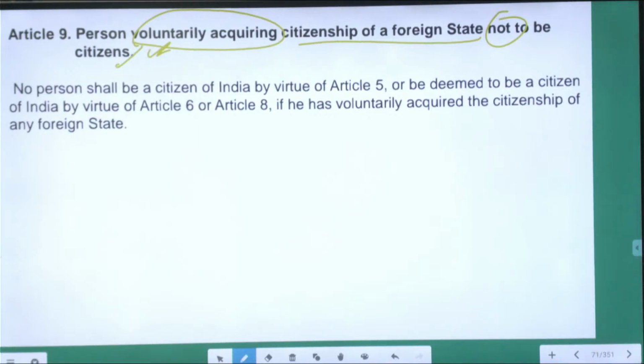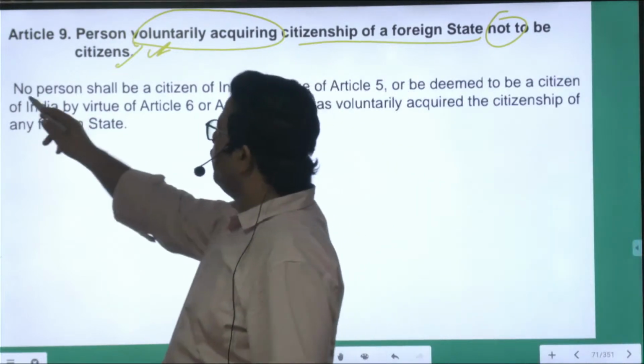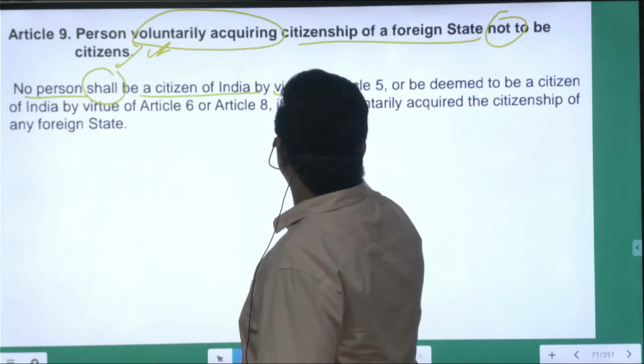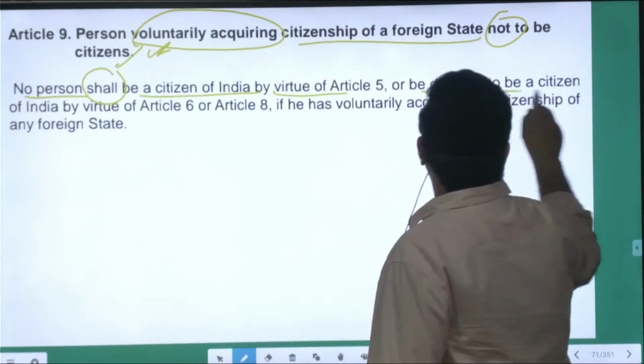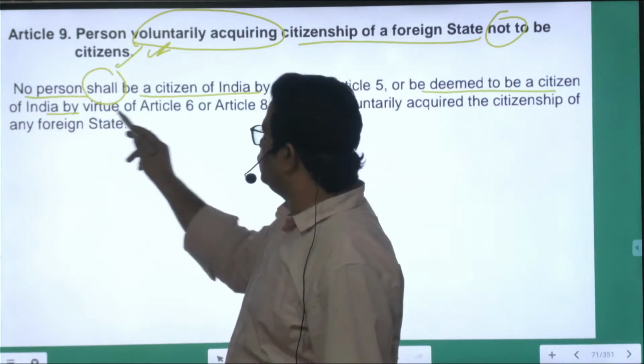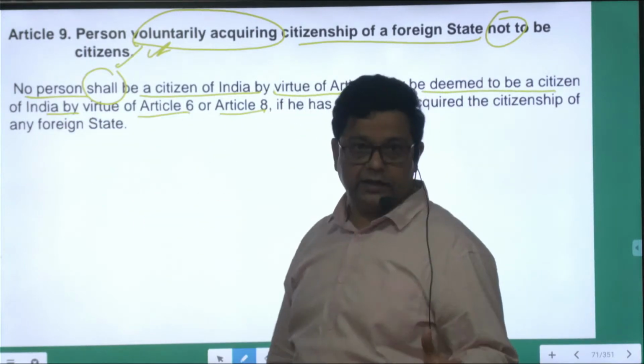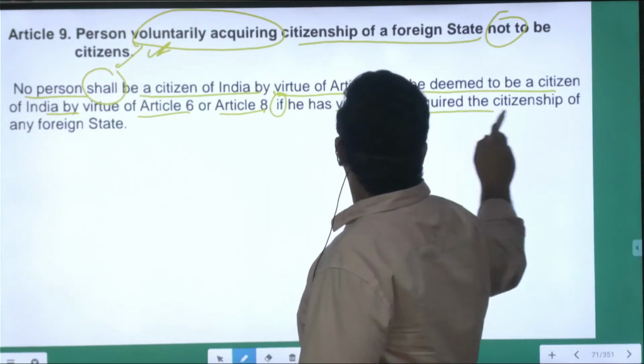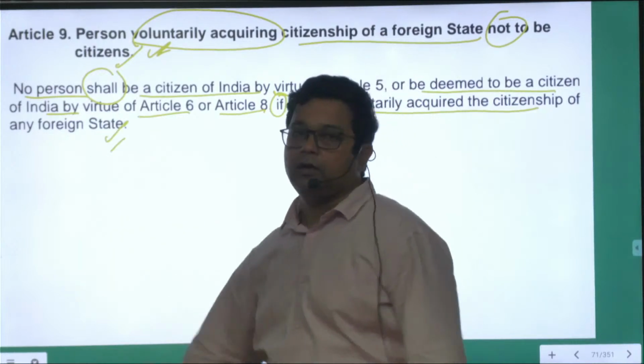So Article 9 is only talking about that no person shall be a citizen of India by virtue of Article 5, or be deemed to be a citizen of India by virtue of 6 or 8, if he has voluntarily acquired the citizenship of any foreign state.